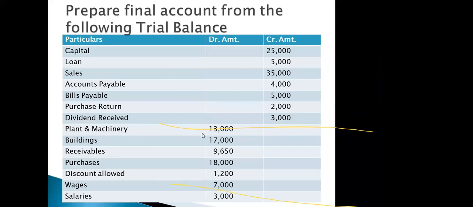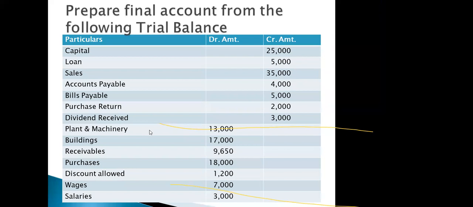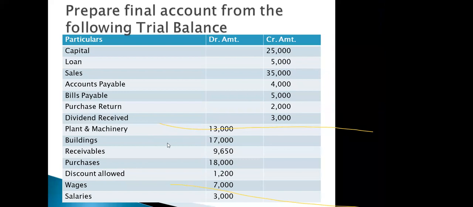You see, this is plant and machinery 13,000. So here you can have a small marking. I think someone has drawn the line over here. This yellow marking. Can you see that? Yes, sir. 13,000. So this marking, and another adjustment is what? Profit and loss account debit side.